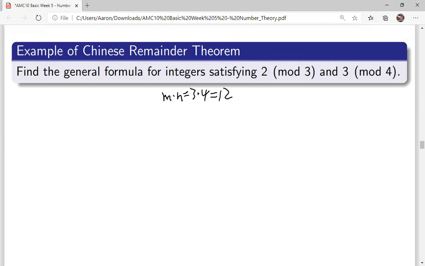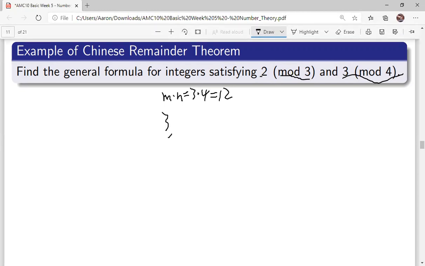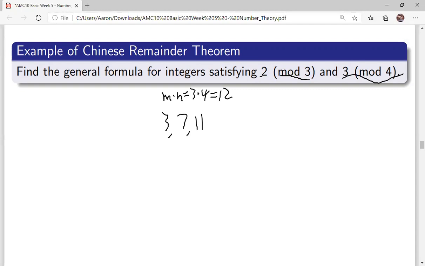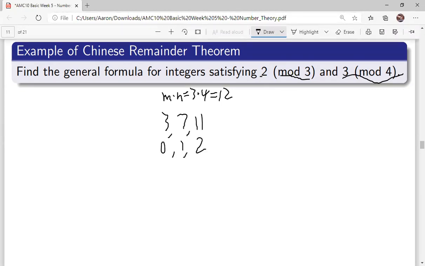And so you can just list out the integers less than 12 that are 3 mod 4 and see which one of them satisfies 2 mod 3. So in increasing order, the integers that are 3 mod 4 are 3, 7, and 11. And this is 0 mod 3, this is 1 mod 3, and 11 is 2 mod 3.